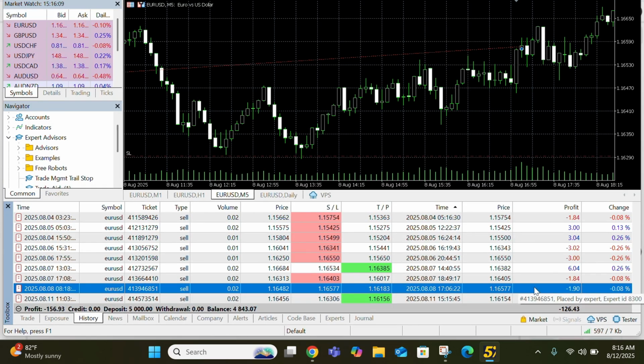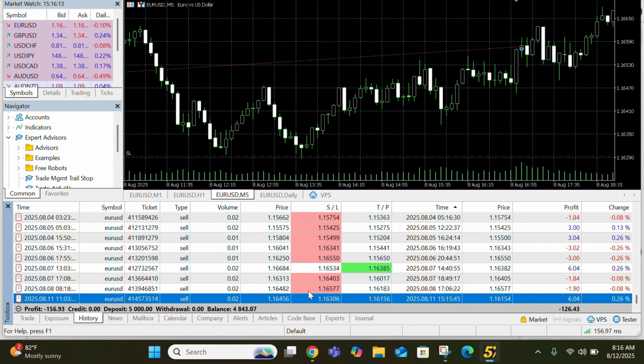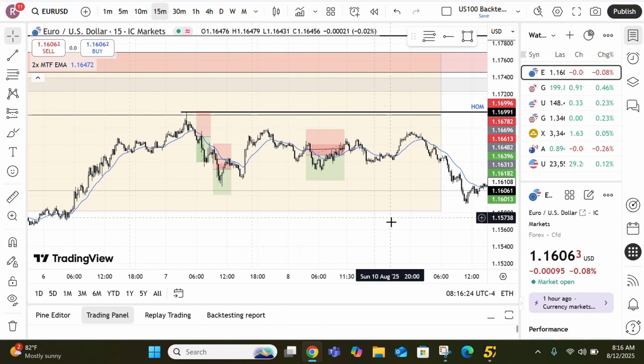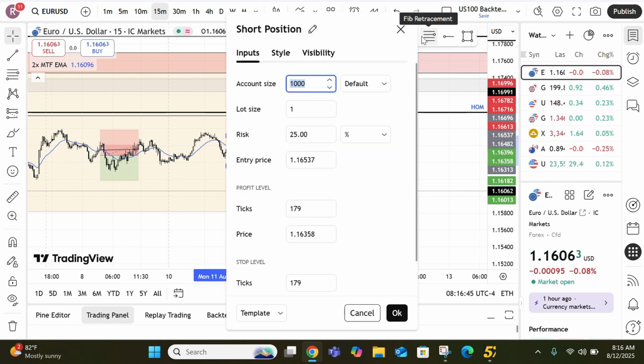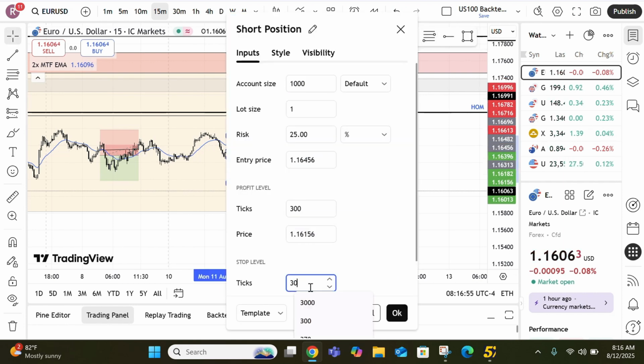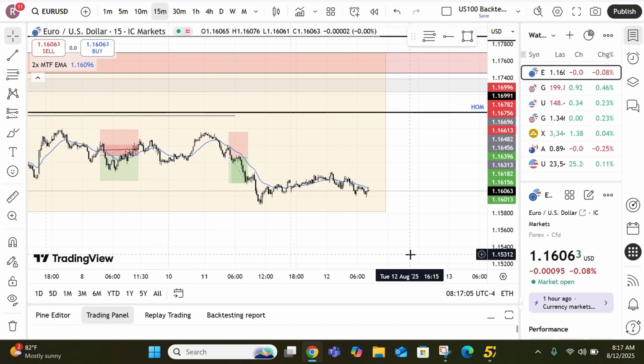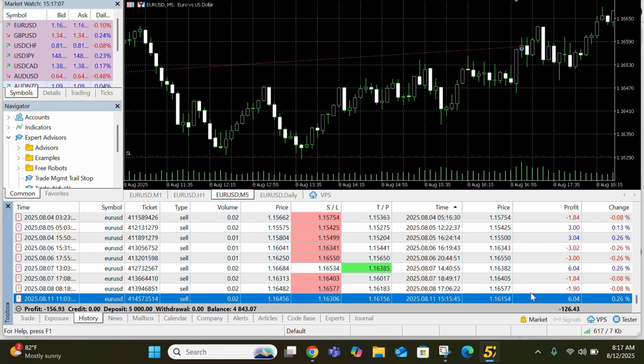All right, so we have this trade, so that would be the 1.90, and this one was yesterday, so let's do this one as well. Yesterday we had an entry price of 1.16456.